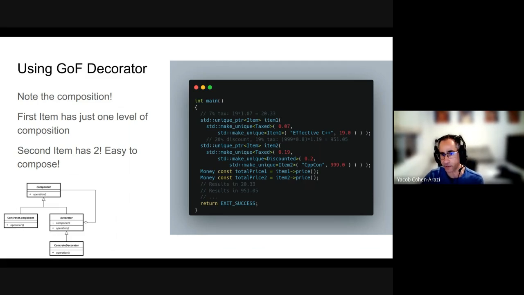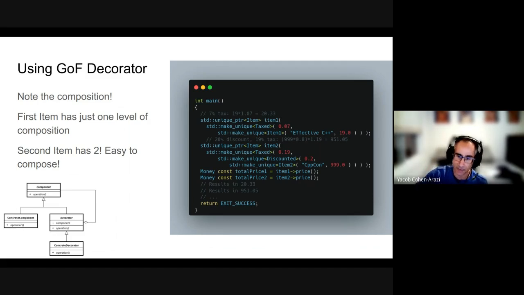So this is the decorator. This is item, this is a leaf. I'm creating a leaf, and I'm adding a decorator on top of that. And this is 0.07. This is what happens when I call item one price. It goes to the decorator, which says, give me the price. The decorator, which is the tax, goes to the price function of what it's holding. It's holding item one, gets 19.